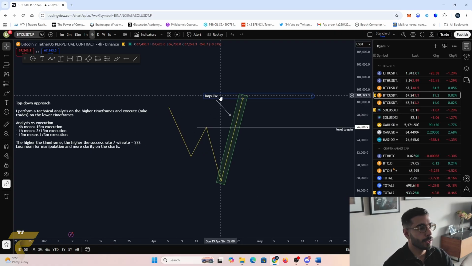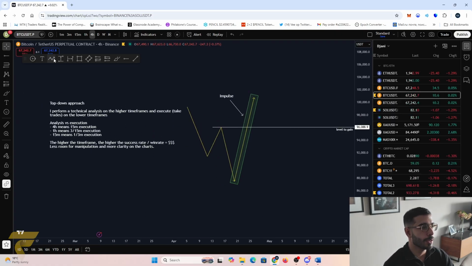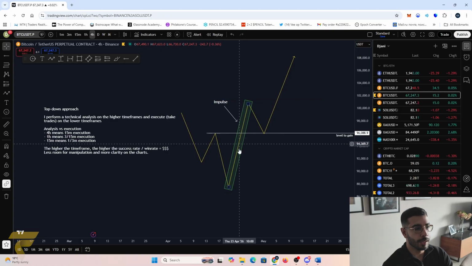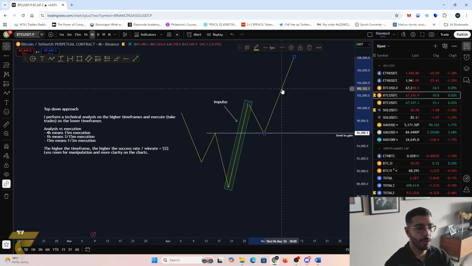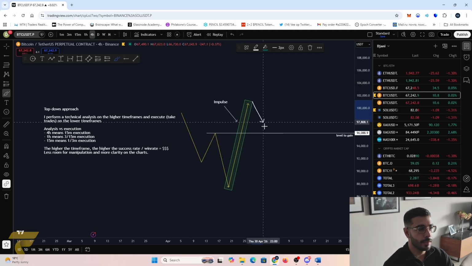Sometimes, instead of just giving a perfect retest to this previous low, it gains a level, retests the so-called swing high, and then from that point onwards, it moves ahead and continues with the trend. But how can you take this move?